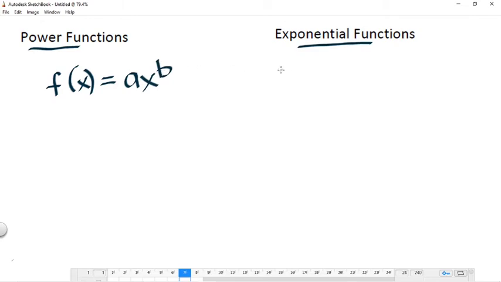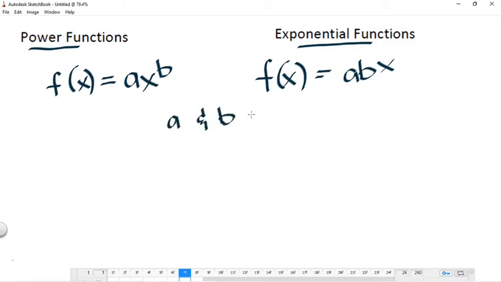Meanwhile, for exponential functions, f of x is equal to ab raised to x. These a and b are already constants. We can already plug in any value for variable x.